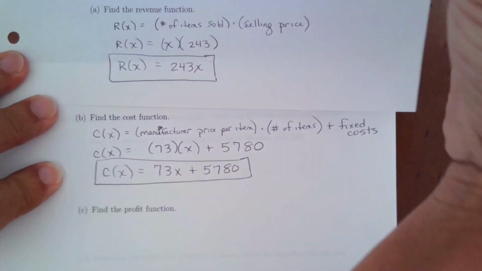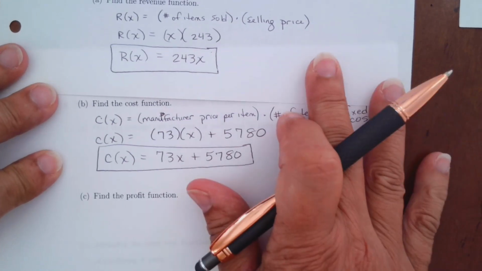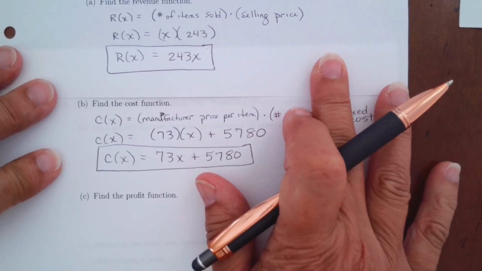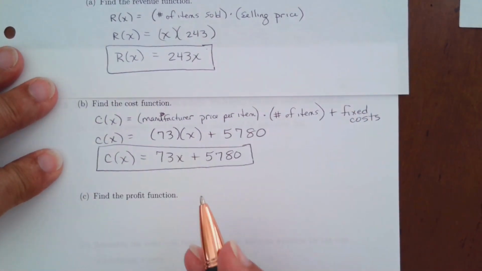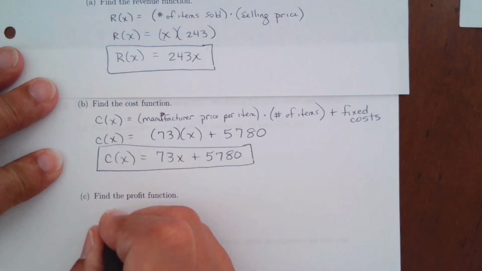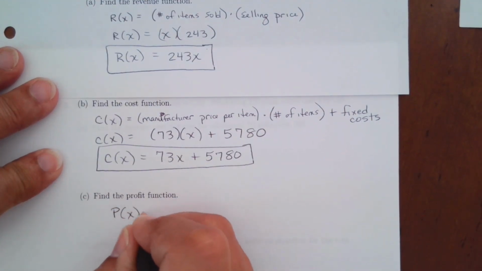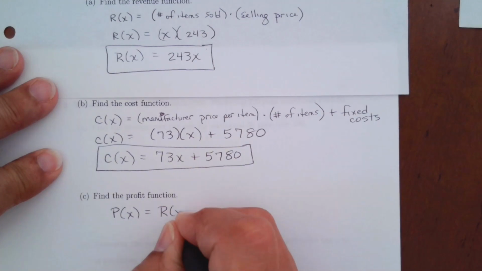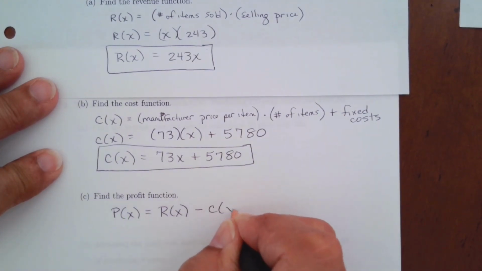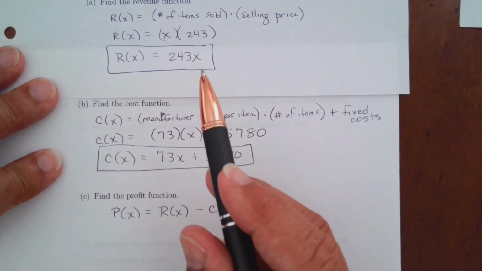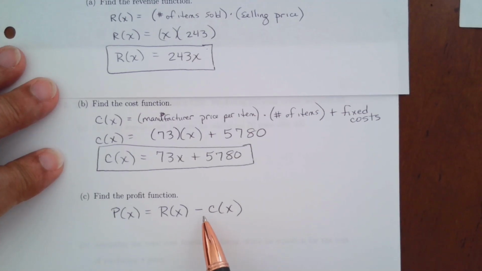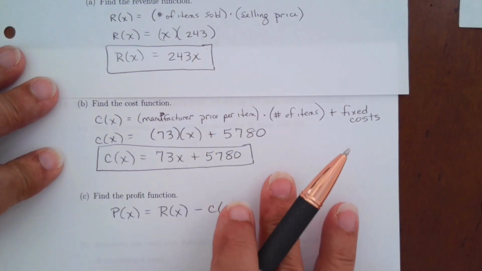Find the profit. Trying to keep all this so we can see it. All right, so find the profit function. So the profit function, remember, P of X is the revenue minus the cost functions. And we already have those two up here. But we got to be careful with the minus. Okay, so that's why I want to make sure you're aware of this.